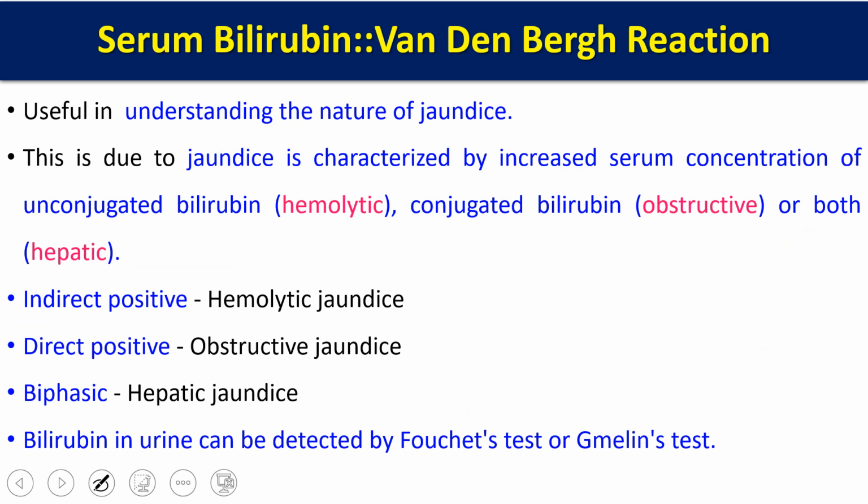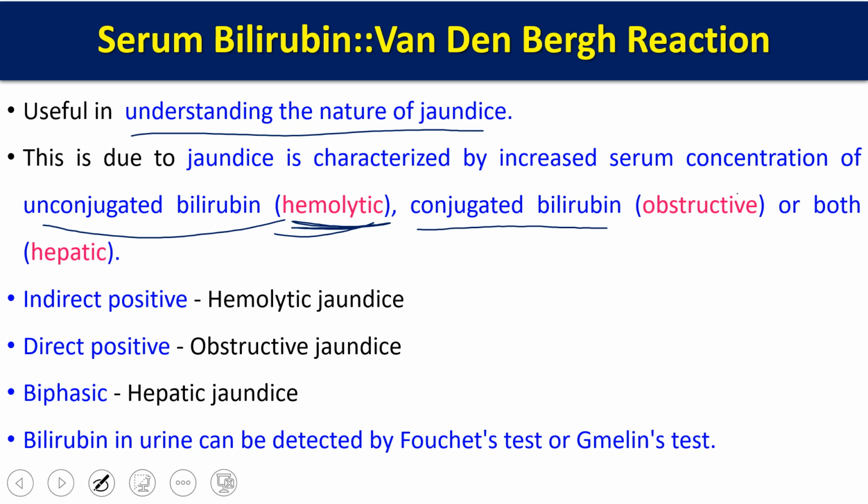Now, this Van der Bergh reaction is useful in understanding the nature of jaundice. Hemolytic jaundice is characterized by increased serum concentration of unconjugated bilirubin, when more RBCs are degraded; obstructive jaundice by conjugated bilirubin, caused by obstructions or any kind of defect in the bile duct; and hepatic jaundice by both conjugated and unconjugated.